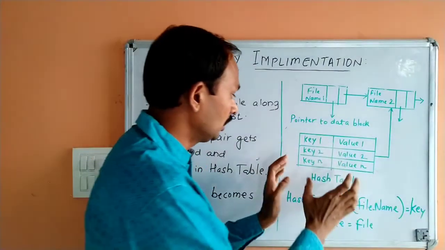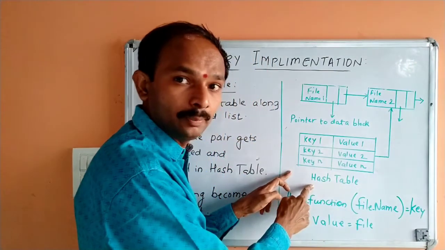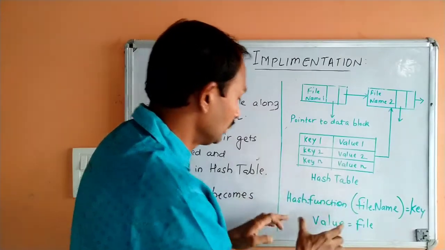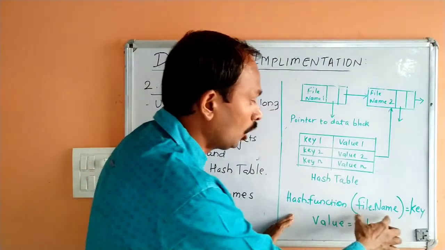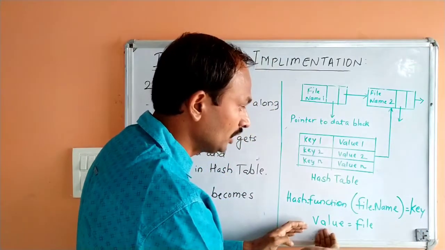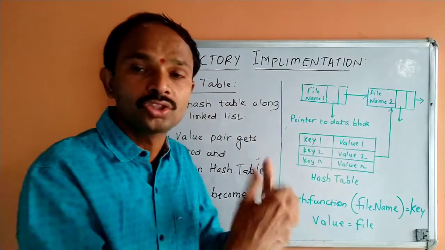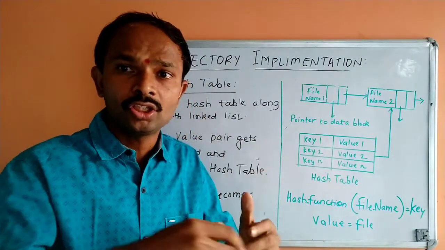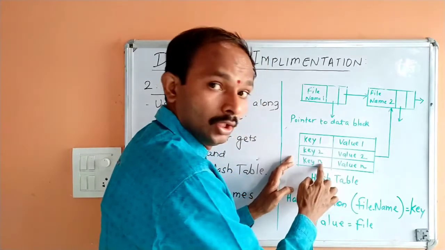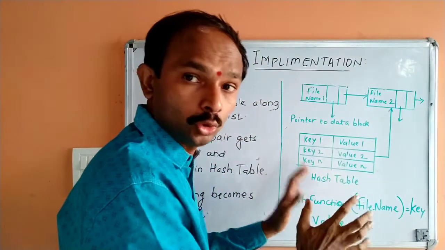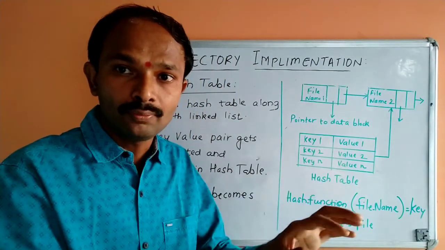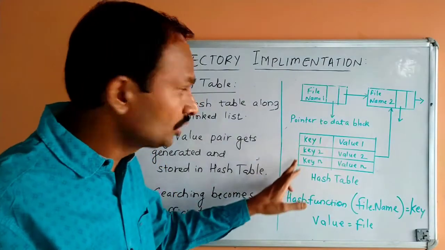But apart from that, a hash table is maintained. A hash function is applied on the file name, so we get a key value. That key is nothing but the file which we want to search or do any operation on. Key 1, key 2, key n provide us a value, so that if we want to search for or do any operation on the file, we can do it directly using these keys.